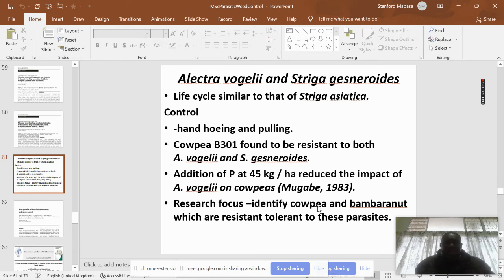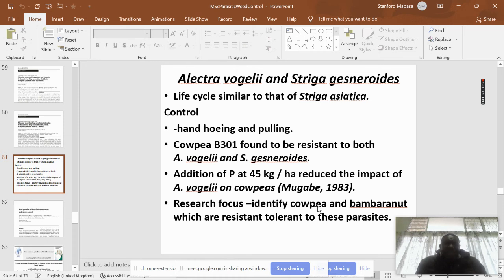Now, I just want to indicate that as far as Alectra vogelii and Striga gesnerioides are concerned, the life cycle is similar to that of Striga asiatica. And the control, probably hand hoeing and pulling could be done just to reduce the Striga seed bank.